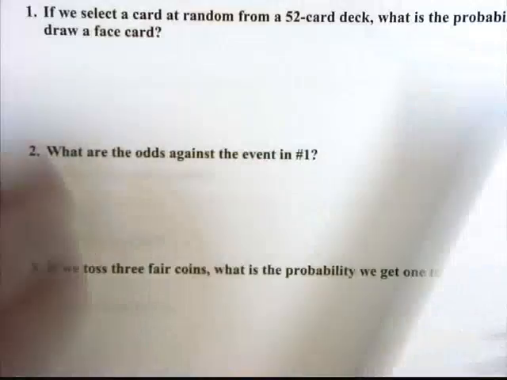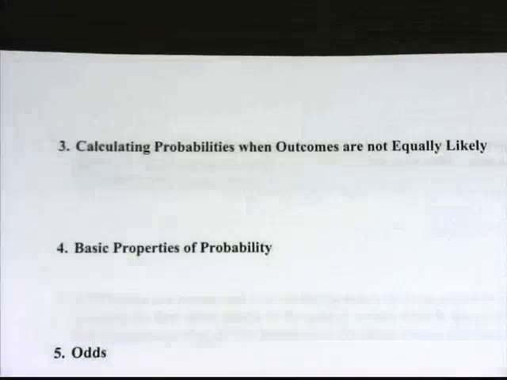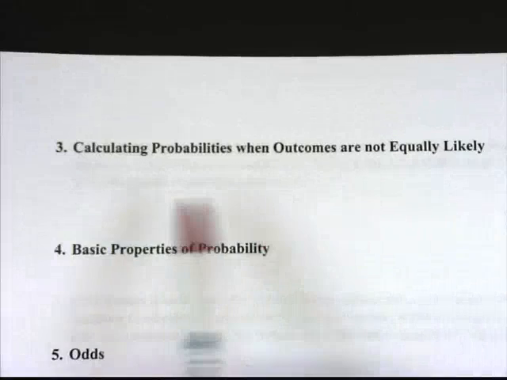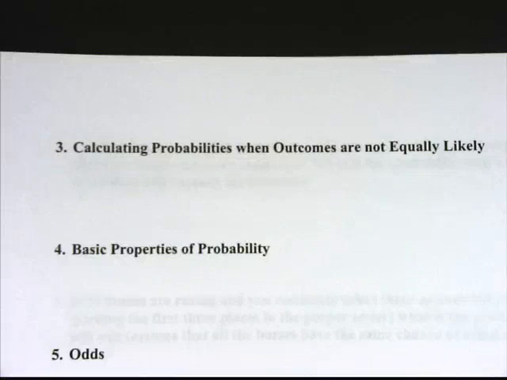So let's go to the next page here. And we said last time that it was very important that we had something that was equally likely. Because if we try and calculate probabilities when the outcomes are not equally likely, we're going to get the wrong answer.